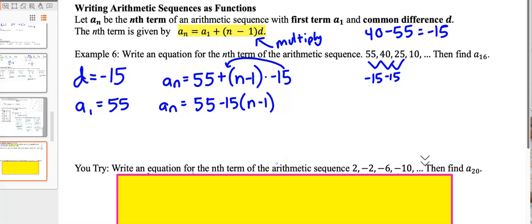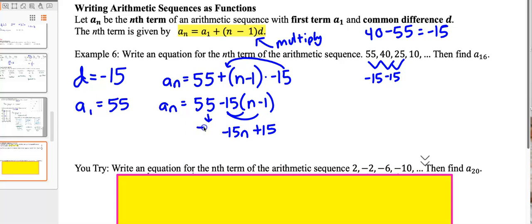The next thing we could do is simplify this expression to kind of look more like slope-intercept form. To do that, you would distribute your common difference to the n minus 1. So negative 15 times n is negative 15n. A negative times a negative is a positive, and so 15 times 1 is a positive 15.